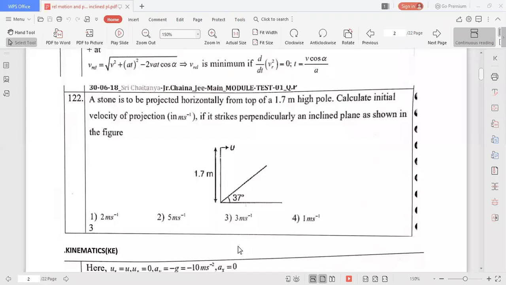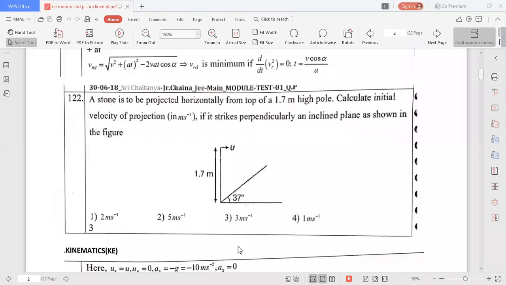It travels along a parabolic path like this and strikes the inclined plane normally. Exactly at this point, when you draw the tangent, the direction of velocity is normal to the plane. This is the situation. If it strikes the inclined plane perpendicularly, what is the velocity of projection u? That is the question.